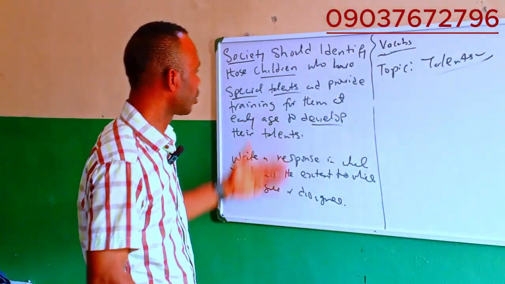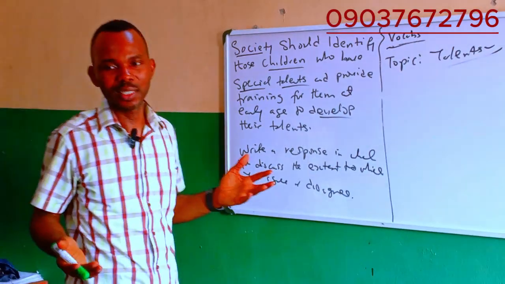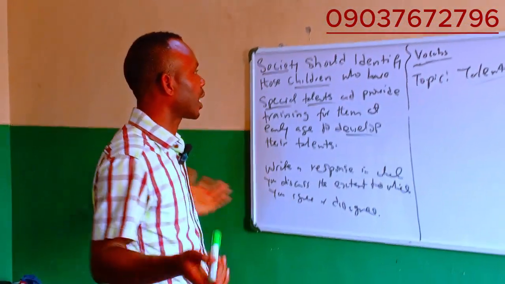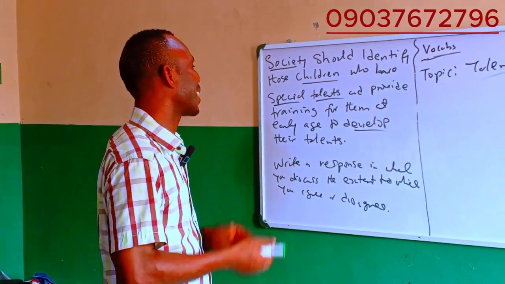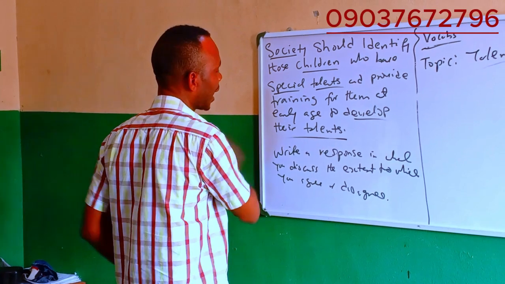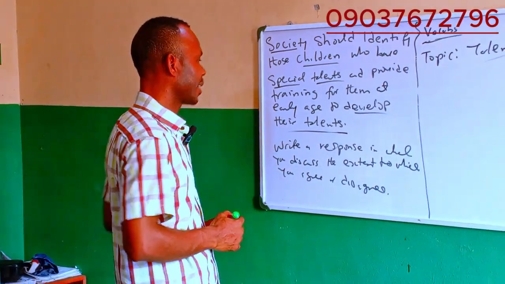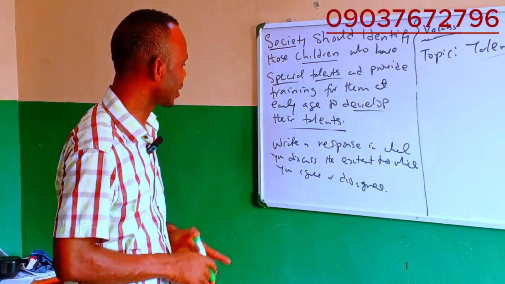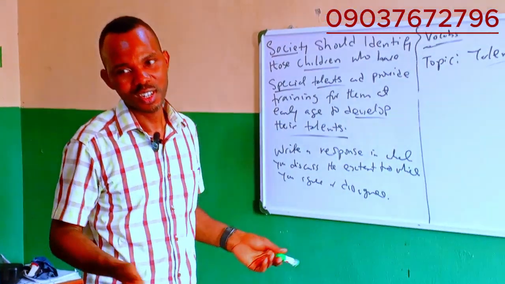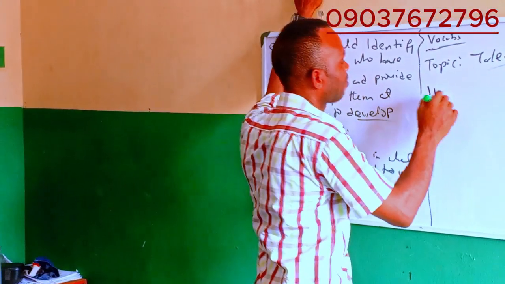Now, the next thing you need to do is to look at it and take a side. Society should identify those children who have special talent and provide training for them at early age to develop their talent. So, write a response in which you discuss the extent to which you agree or disagree. So, I may now take my thesis.